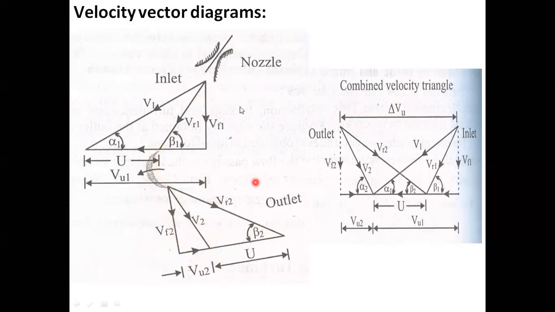Now the combined diagram of these two triangles, the inlet triangle and the outlet triangle. The U velocity is common, the same for both triangles, so we have taken it as common. This is the inlet triangle, from here alpha 1, and this is the outlet triangle.